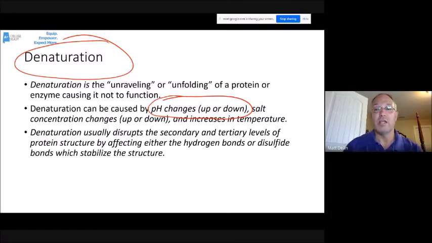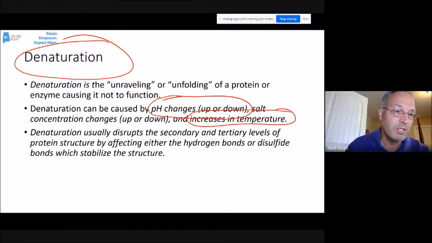It can also be caused by salt concentration or salinity changes, either up or down, away from optimum conditions. And the thing that we'll talk about the most in terms of denaturation is temperature. When proteins get hot, they oftentimes denature. Coldness is not going to do that to a protein, but increases in temperature above a certain optimum level are going to cause most proteins to denature.